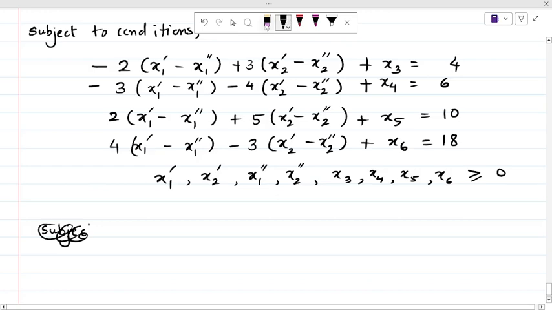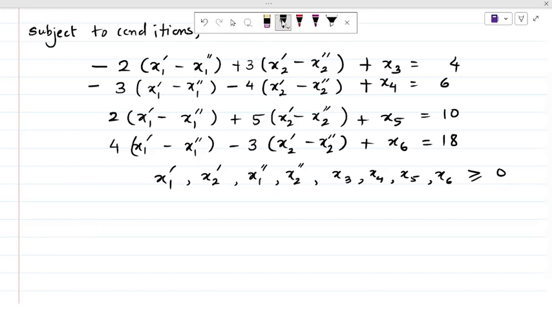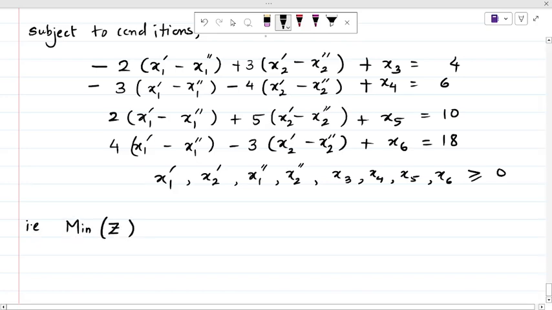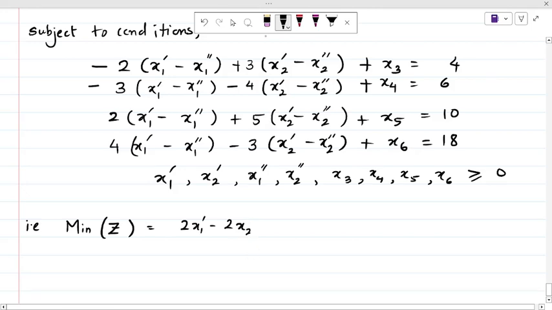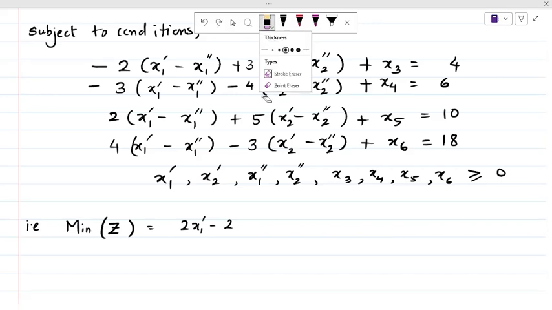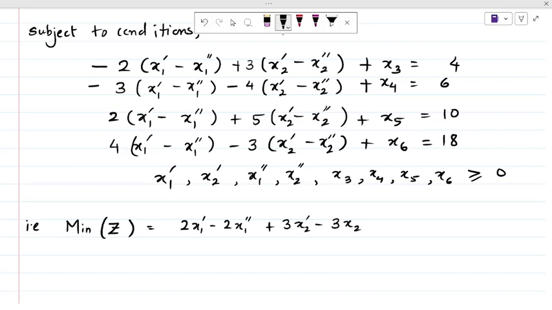The same function you can keep, minimization, that is minimize z equals 2x1' - 2x1'' + 3x2' - 3x2''.